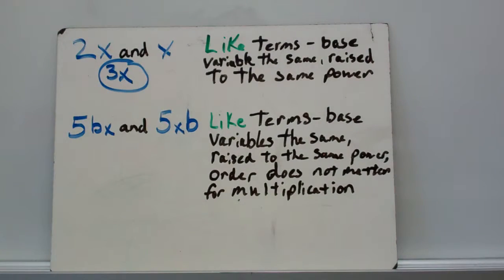Now, we have variables that are in both terms here, okay? We have the variables raised to the same power. The only difference is the order. Well, in this case, because it's multiplication, order doesn't matter. These end up being like terms.